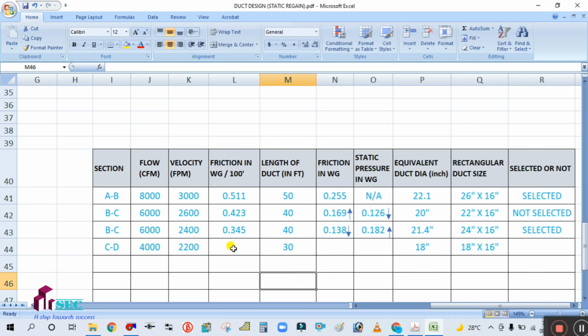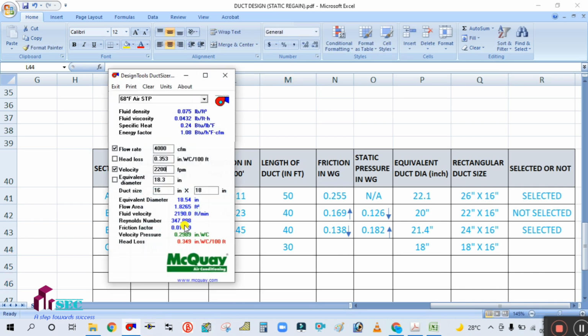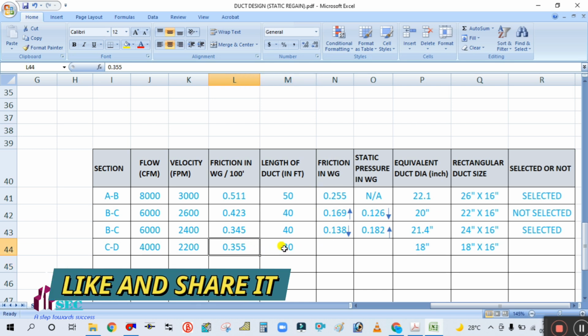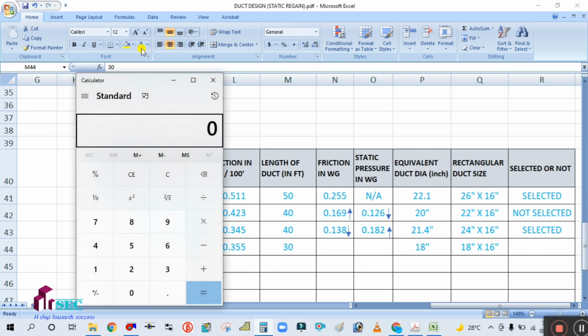Okay, and the friction loss for 100 feet of duct length is here from the duct sizer, 0.35. So for the friction loss for 30 feet, this is for the 100 feet. So for 30 feet how much will it be? So how to calculate?